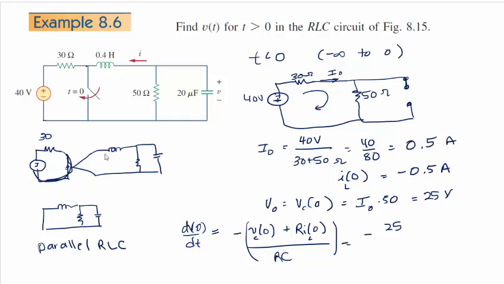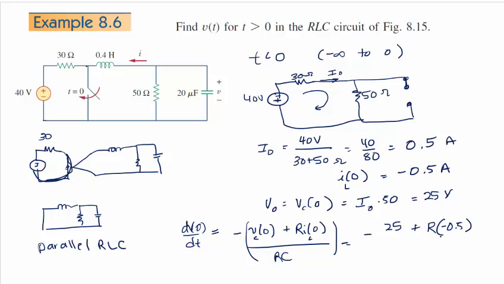So all you have to consider right now is the inductor and the resistor right there. So the current that's in the resistor is the current that's in the inductor, and that makes sense. So it will be plus R. I is, by our convention, 0.5 amps.